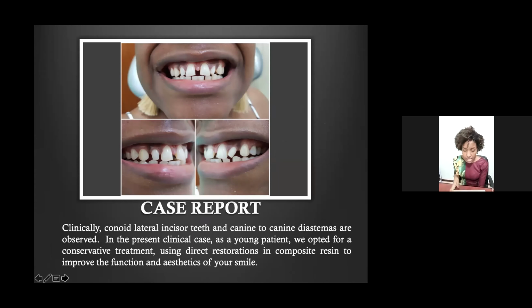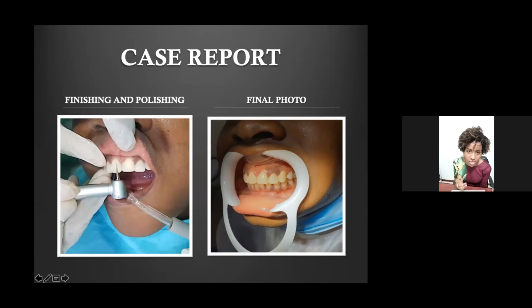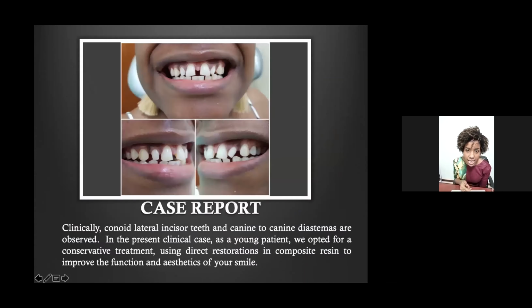In the next slide, we are going to show the finishing, the polishing, and the final photo of the case. I don't know if everybody is seeing very well, but if you can, please go back to before. No, not this one. Yes, before. If you can see better in the first slide of the case report, you're going to see that the patient showed a lot of diastemas between canine to canine and also conoid lateral incisors.